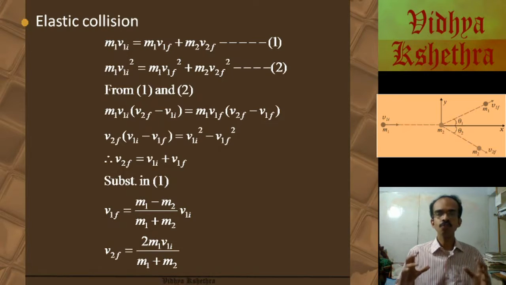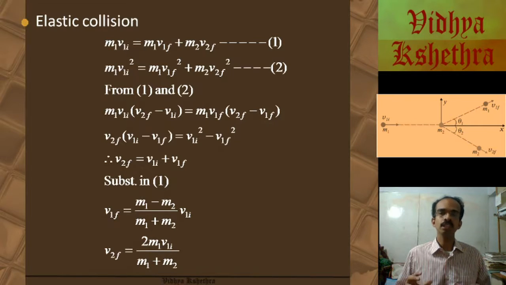Now from equations 1 and 2, we can prove that v2f, which is the final velocity of the mass m2, is equal to v1i plus v1f.